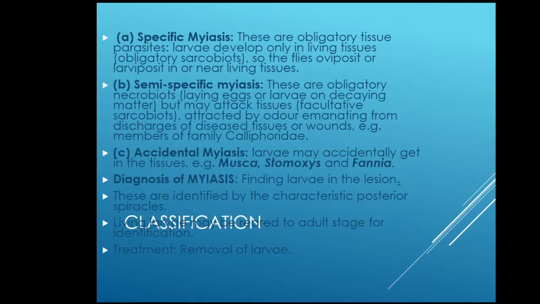Classification of myiasis. There are three main types of myiasis. The first type, specific myiasis, is caused by obligatory tissue parasites, when the larva of the fly develops only in warm-blooded living tissue of animals.